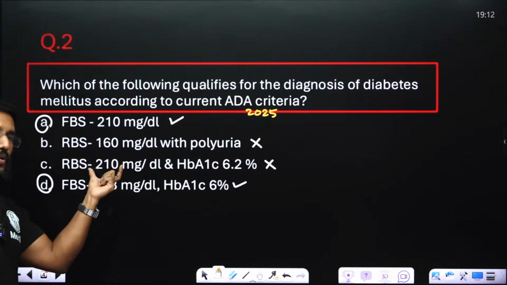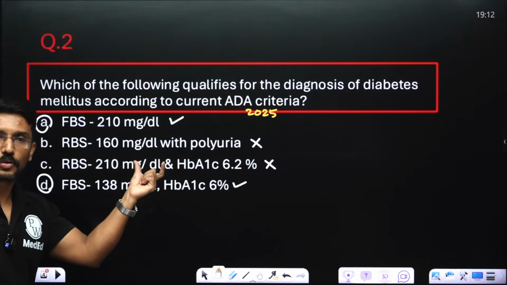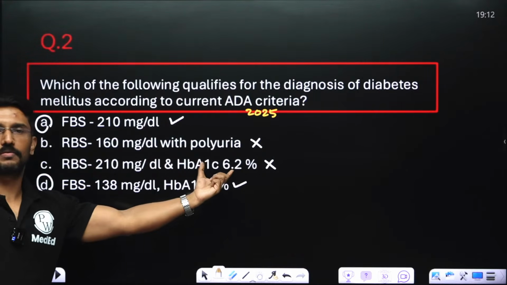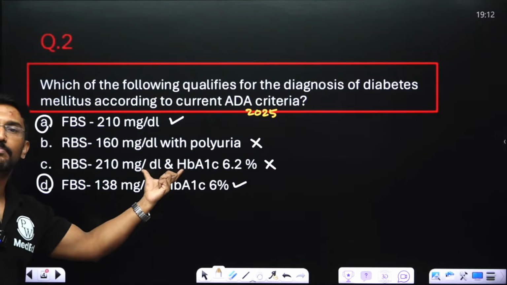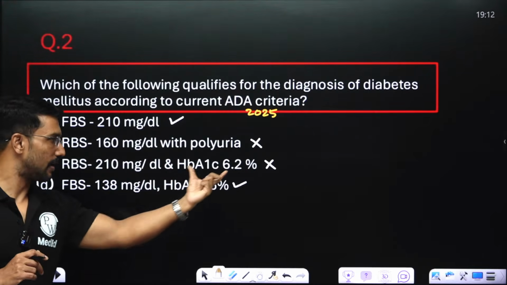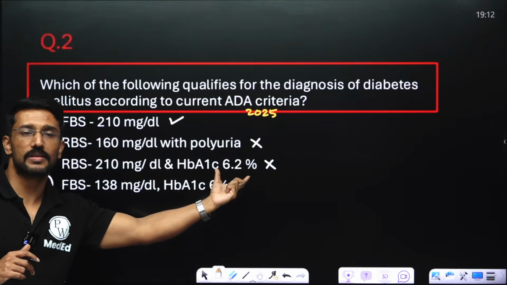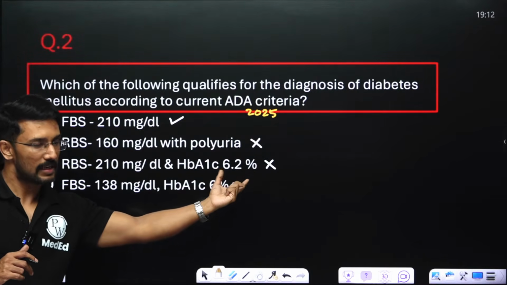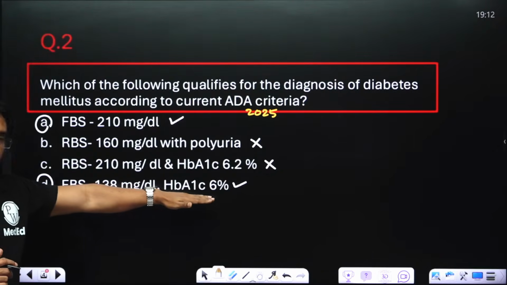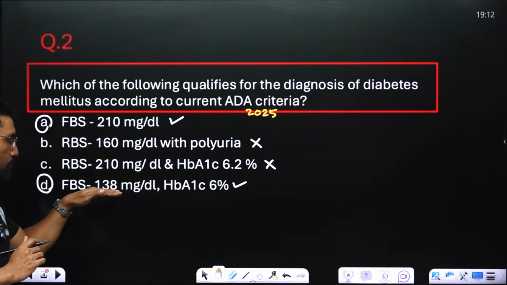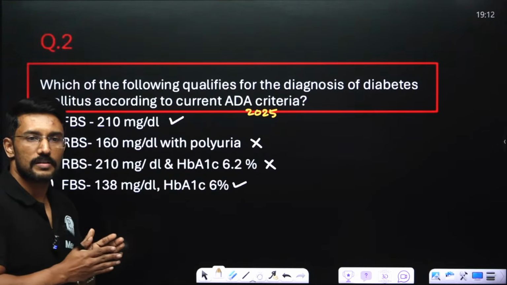In C, the value is sufficient, but there is no mention of symptoms. And neither is HbA1c more than 6.5. So I can call this patient pre-diabetic, but not diabetic. I'm calling him pre-diabetic because HbA1c is more than 5.7 but less than 6.5. Here, the HbA1c criteria does not satisfy, but the FBS criteria satisfies. That's why option D is the answer.